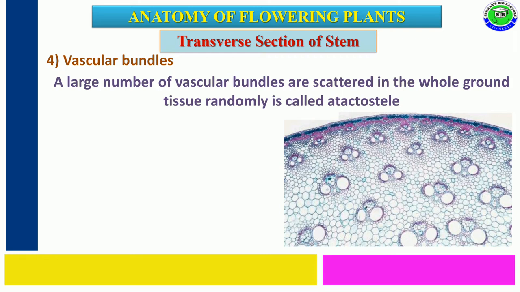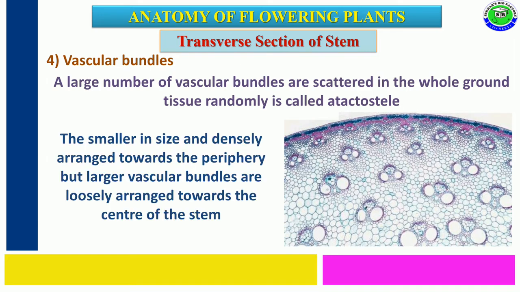So by the presence of scattered vascular bundles, we can identify the stem as a monocot stem. The vascular bundles present at the periphery are densely present with small size. But moving towards the center, the vascular bundle size increases.